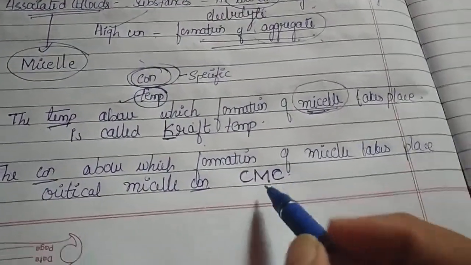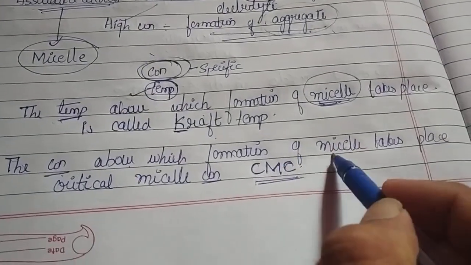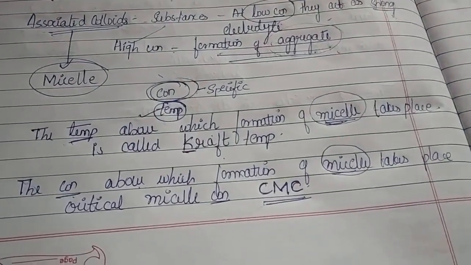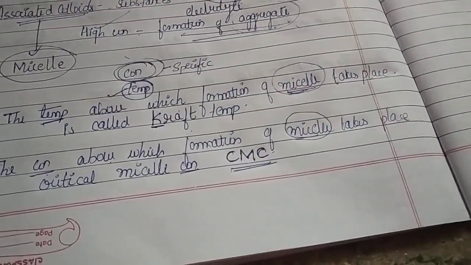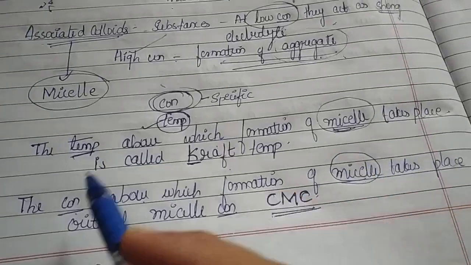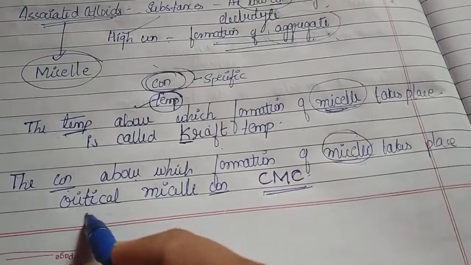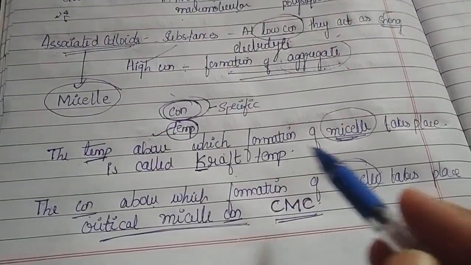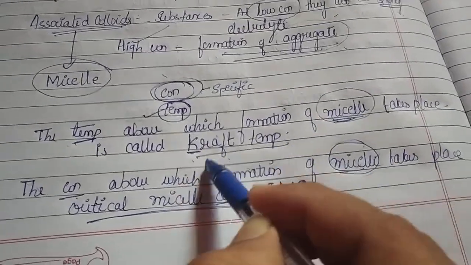So what is called critical micelle concentration? The concentration above which micelles form. Once again I am repeating, all the molecules come together to behave as colloidal particles. So that concentration at which micelles form is called critical micelle concentration. And the temperature at which such micelles form is also called Kraft temperature.